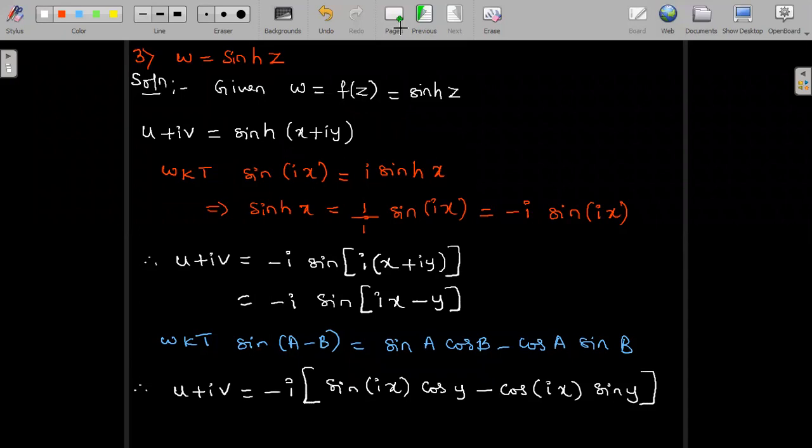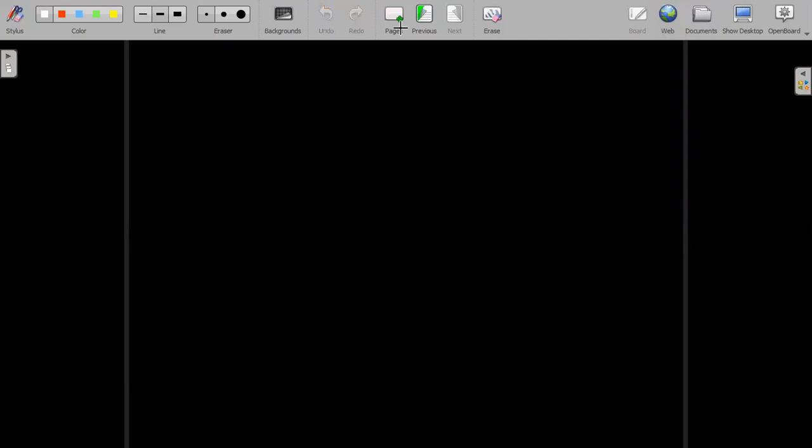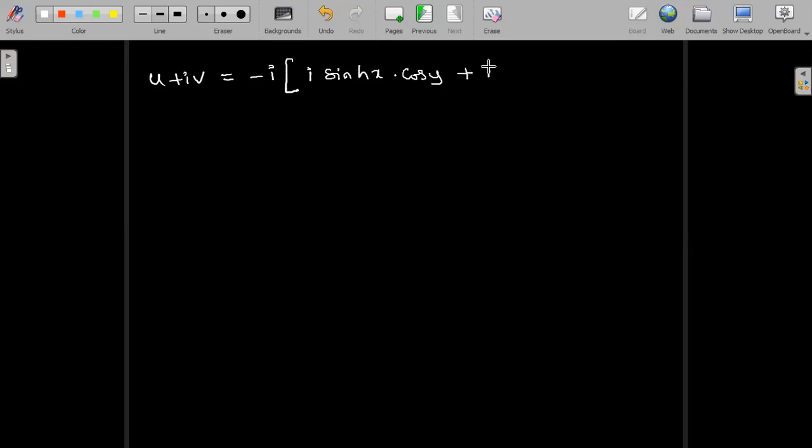So u plus iv can be now represented as minus i as it is for the time being. I have to now represent sine ix. Sine ix can be written as i into sine hyperbolic x multiplied by cos y as it is, and there's a minus sign in the middle.